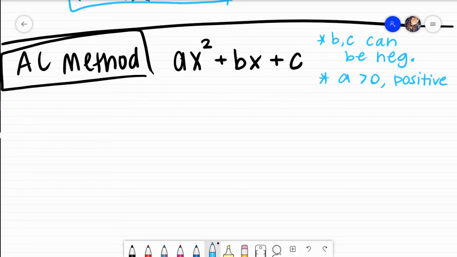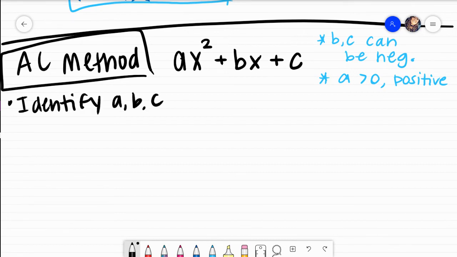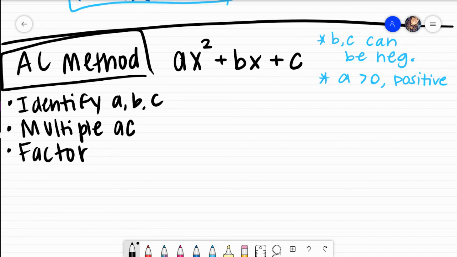Now, that needs to be the form that my problem is in, right? So what we do is identify your A, your B, and your C. And then after that, we're going to multiply A times C. We're going to factor our product.